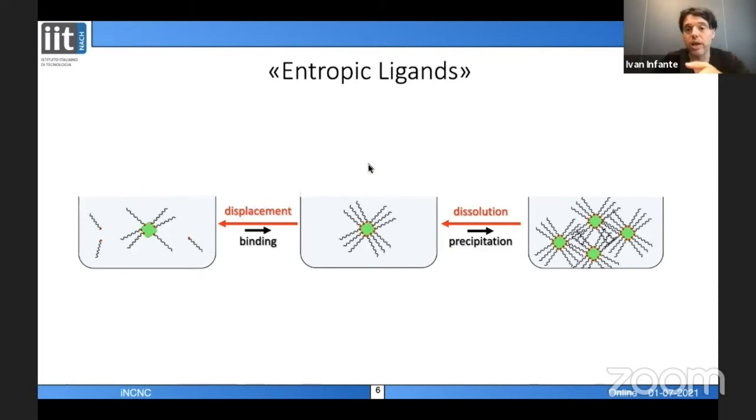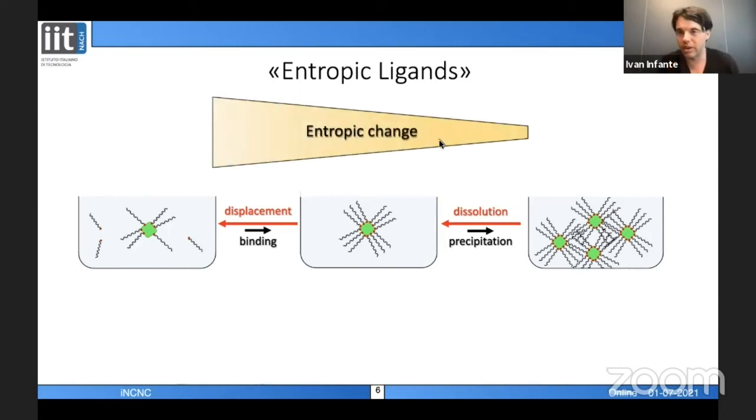What could happen is that the branching of the ligand could also induce a displacement of the ligands from the surface of the nanocrystal, because now the ligand is branched and has many more degrees of freedom. If you move the ligands into solution, displaced from the surface, it also has a big entropic effect that increases the entropy when the ligands move detached from the surface of the nanocrystal.